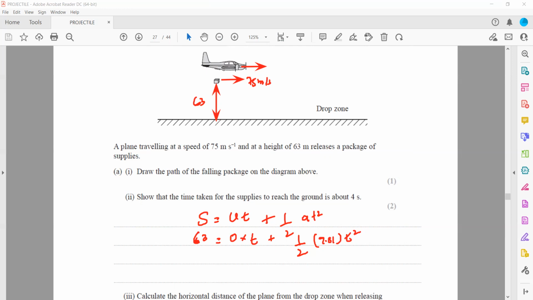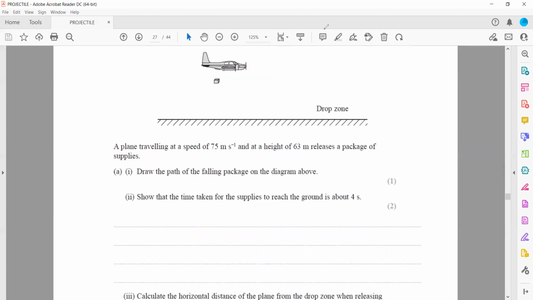When we simplify, it will be the root of 63 multiplied by 2 divided by 9.81. Because this factor will be 0, simplifying gives us the time it takes to reach the ground, which is about 3.6 seconds. The 3.6 is about 4. It's not exactly 4, it is about 4.